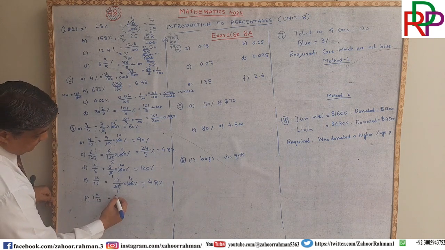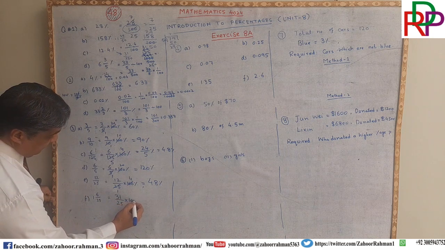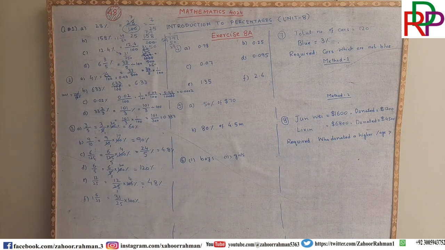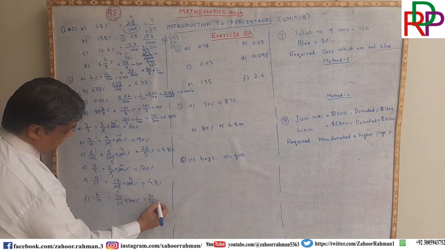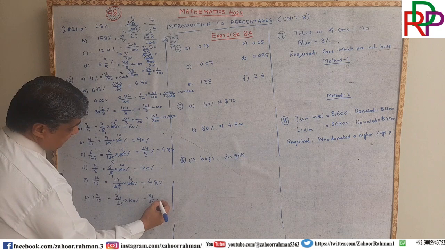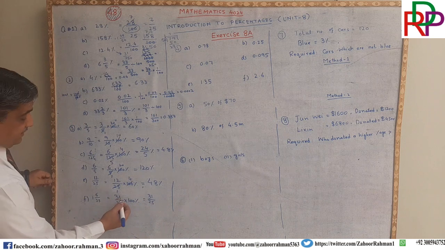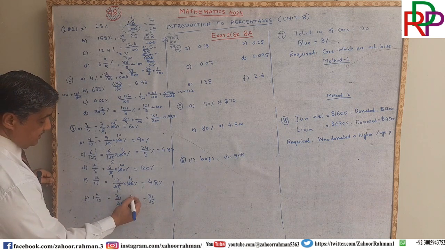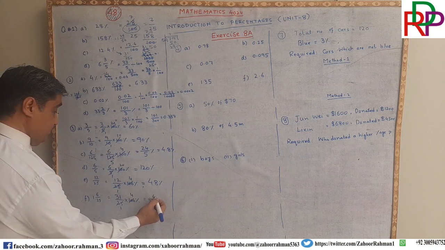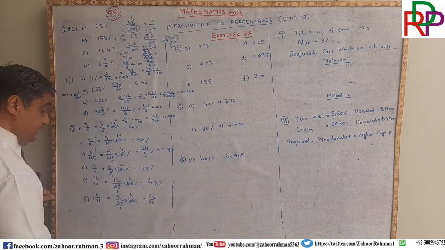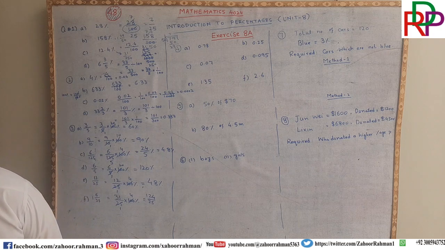Now, this is 31 divided by 25 multiplied by 100%. So it can be written as 31 divided by 25, and when we cut this, 25 ones are 25 and 25 fours are 100, so it means that 4 ones are 4 and 4 threes are 12.